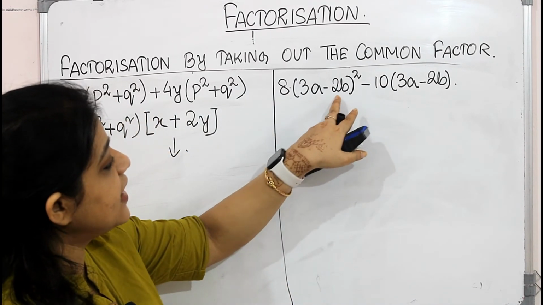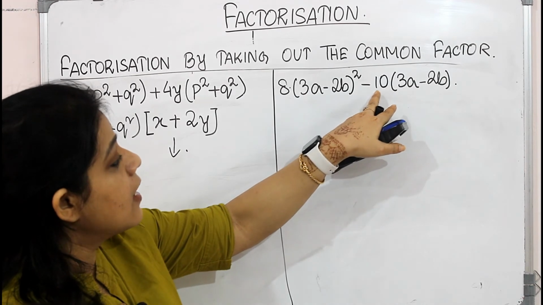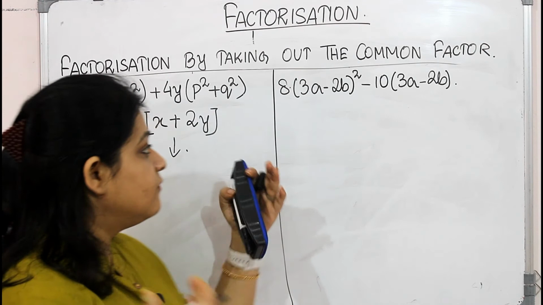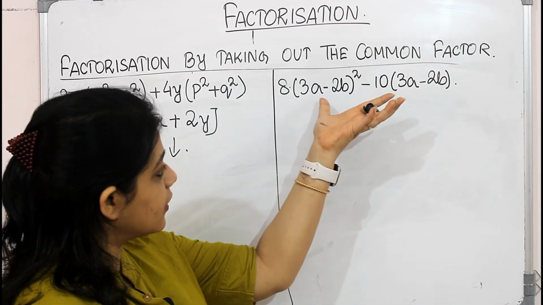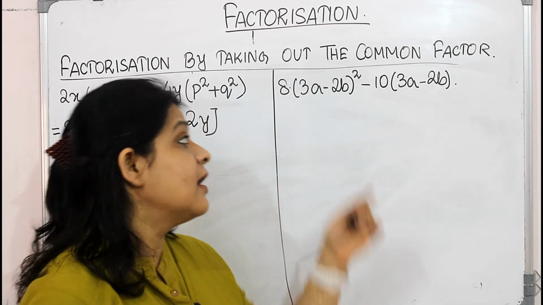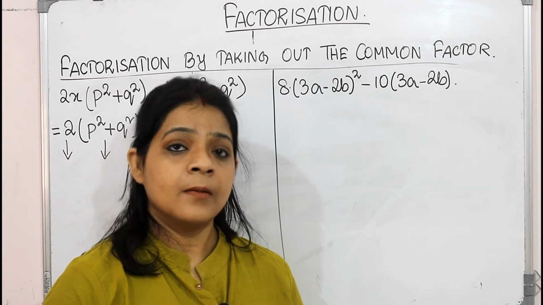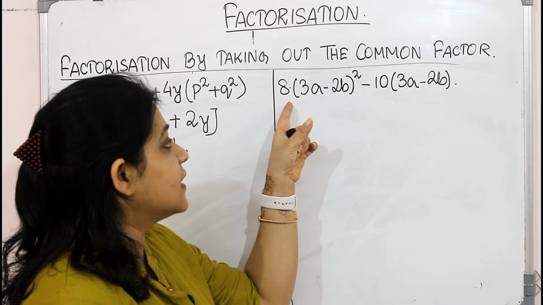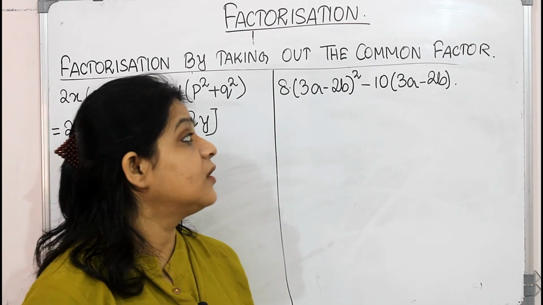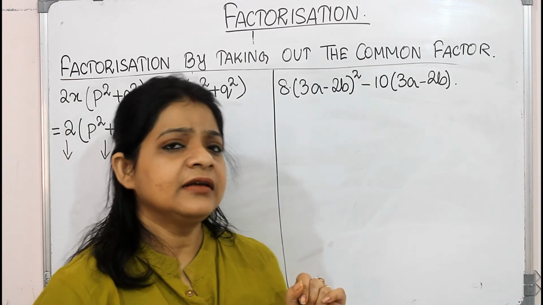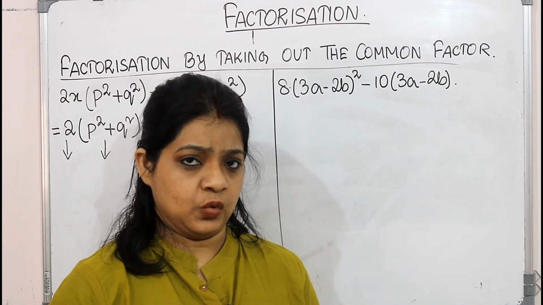8 into (3a minus 2b) square minus 10 into (3a minus 2b). From here you can very easily see that 3a minus 2b we can place before the bracket. But what about 8 and 10? 8 and 10 are both divisible by 2, right?